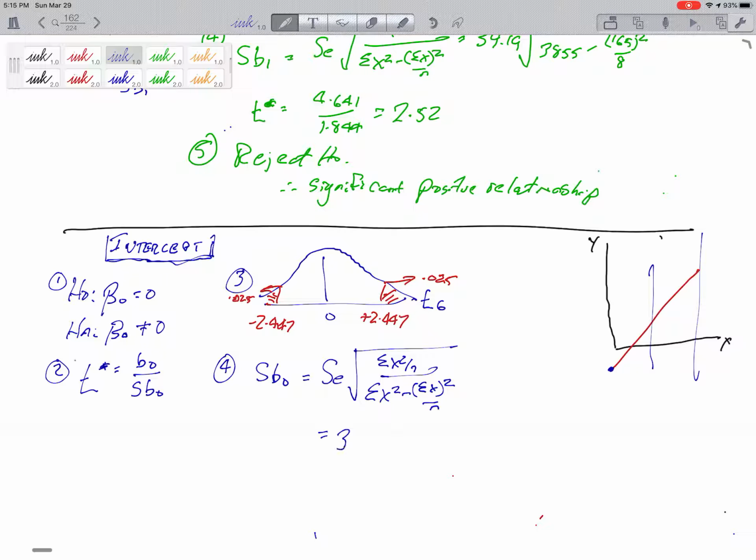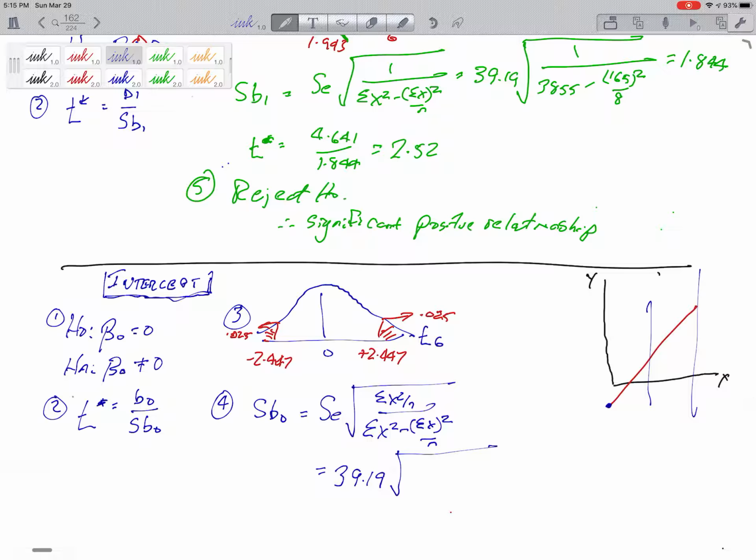So that's 39.19 times the square root of 3855 over 8, divided by 3855 minus 165 squared over 8. This should be an 8 up here. And so then that comes to 40.47.